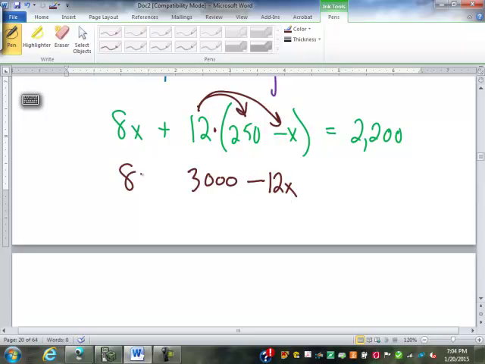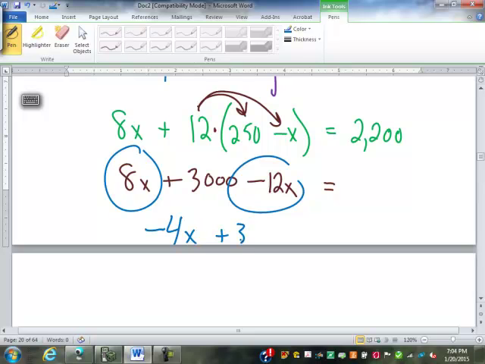We got to remember there's still an 8X on this side. Anything else we can combine on that side? Yeah, 8X and negative 12X make negative 4X plus 3,000 equals 2,200. Now what?